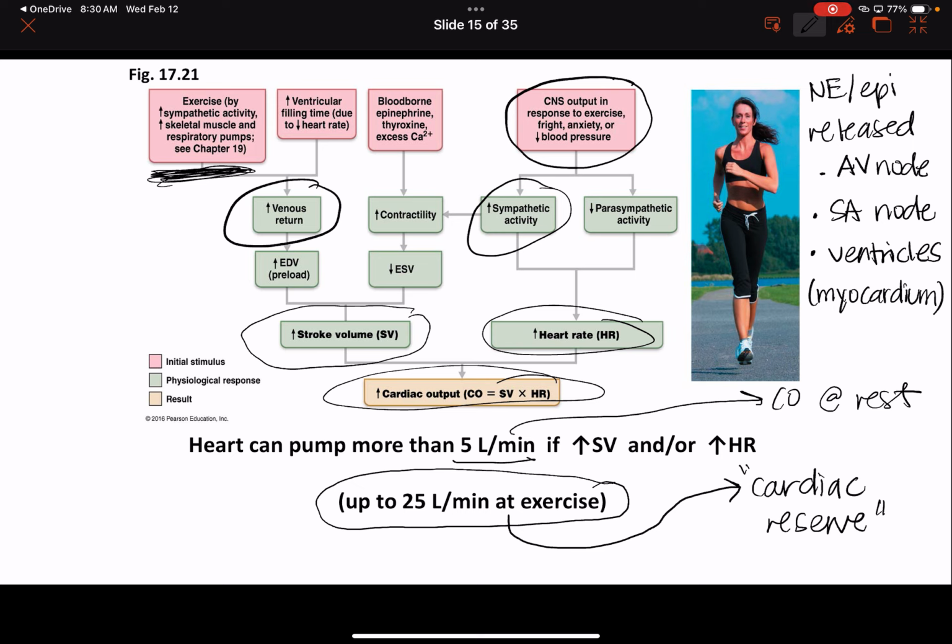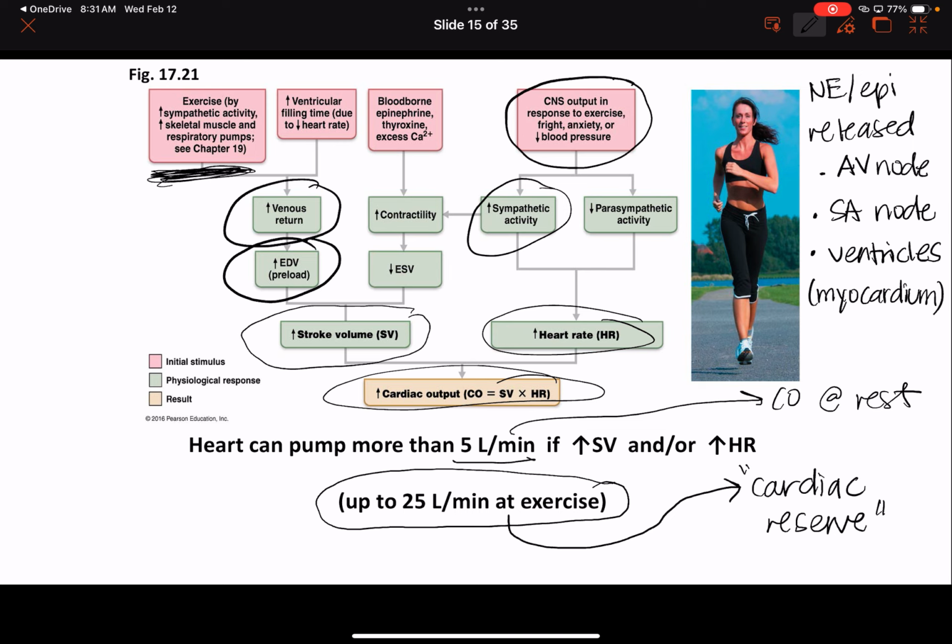Remember I said the end diastolic volume is the amount of blood that you start off with in your ventricles before you eject it. So if I'm returning more blood to my heart, my ventricles can fill up even more. So that means I'm going to increase my stroke volume. I'll be able to eject more blood during exercising, which is going to increase my cardiac output. Does that make sense?